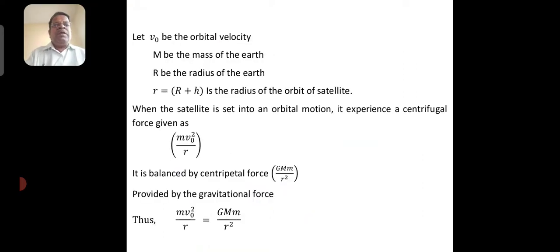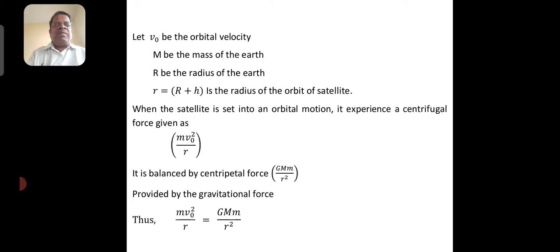Let v0 be the orbital velocity, M be the mass of the Earth, capital R be the radius of the Earth, small r equals to R plus h, radius of the orbit of the satellite. When the satellite is set into an orbital motion, it experiences a centrifugal force given by mv0 square by r.